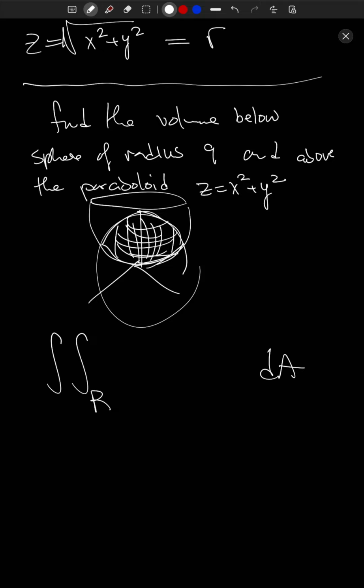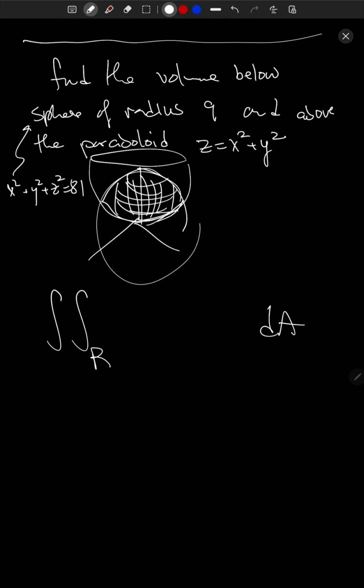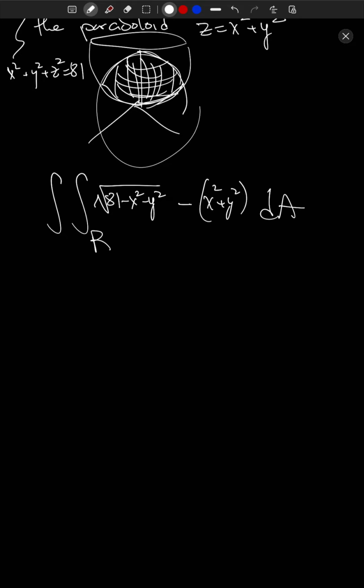The sphere has formula x squared plus y squared plus z squared equals 81, right? Sphere of radius 9. And so z is equal to the square root of 81 minus x squared minus y squared. And so we're integrating the square root of 81 minus x squared minus y squared, and then minus the paraboloid, x squared plus y squared, right? And this gives me the volume between the two.